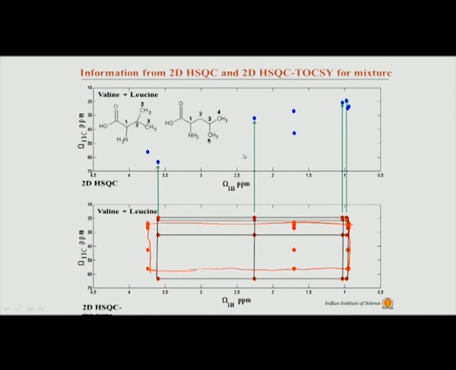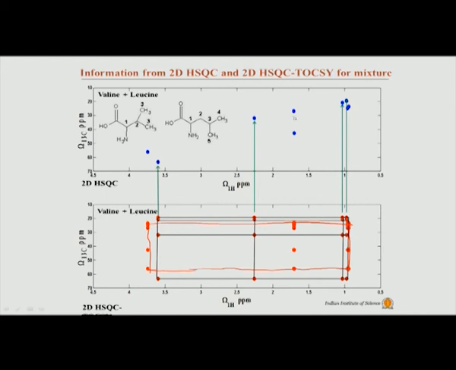So, what is done next? You simply look at the expected peak pattern, which is what you are seeing here, and then match it with a database or with the literature or reference database values, and you can figure out that these arrows pointing to these peaks correspond to one spin system, and which amino acid this spin system could be.